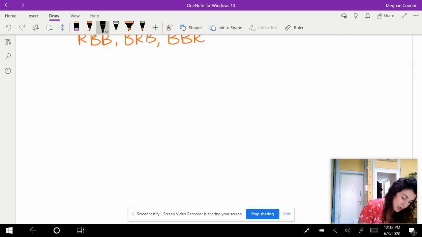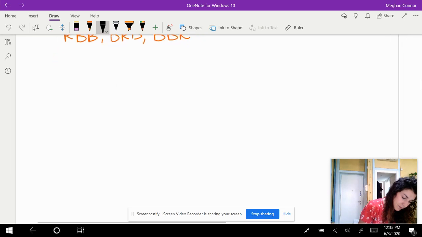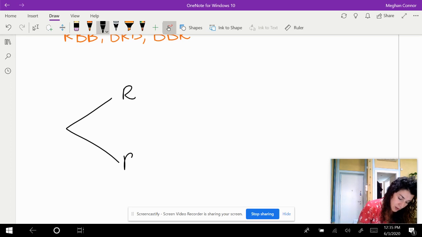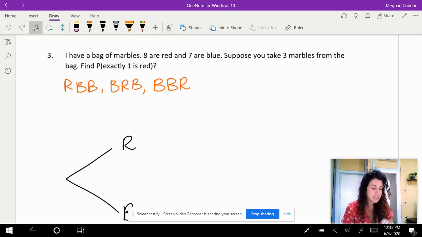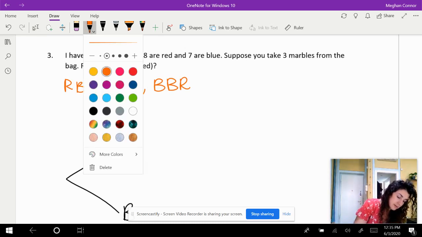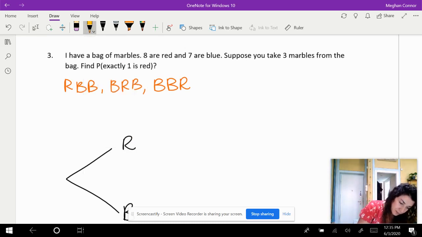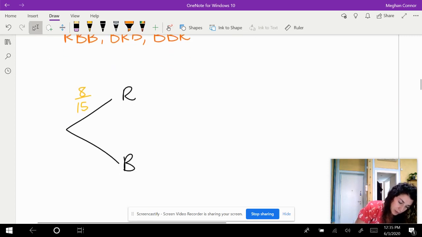Okay, so starting from the beginning, we have an option of either red or blue. For red, there are 8 out of 15 versus blue, there are 7 out of 15.